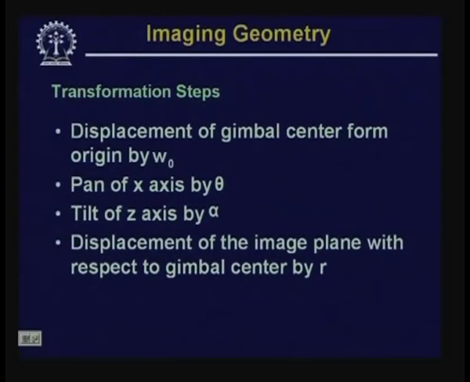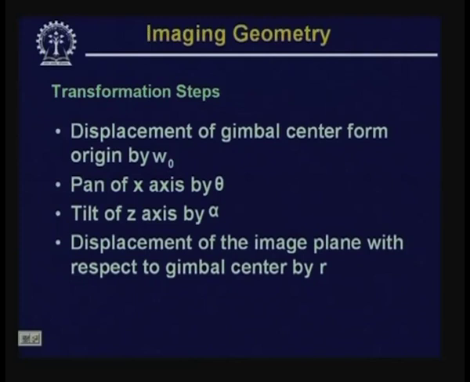So, what are the transformation steps that we need in this particular case? The first step is we assume that the image coordinate system and the 3D world coordinate system are perfectly aligned.